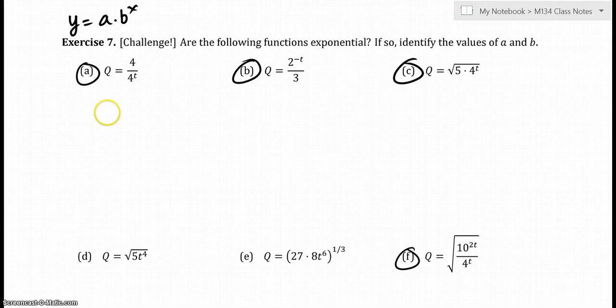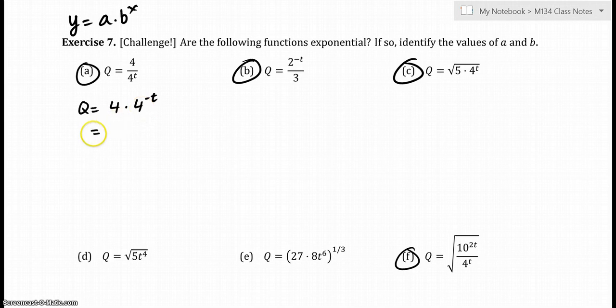We'll go ahead and do the first one together. How would you, for the second part, identify the a and b? Well, I would rewrite this as Q is equal to 4. Bring that up to get a negative t.